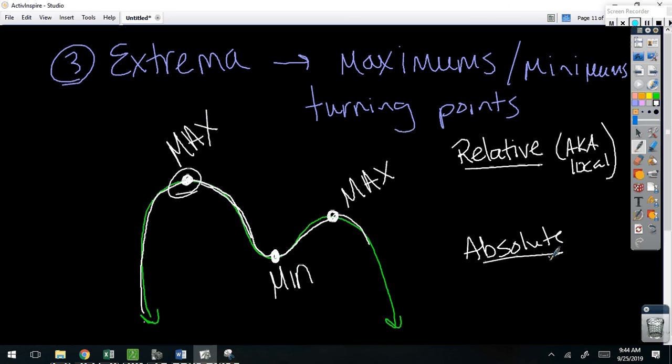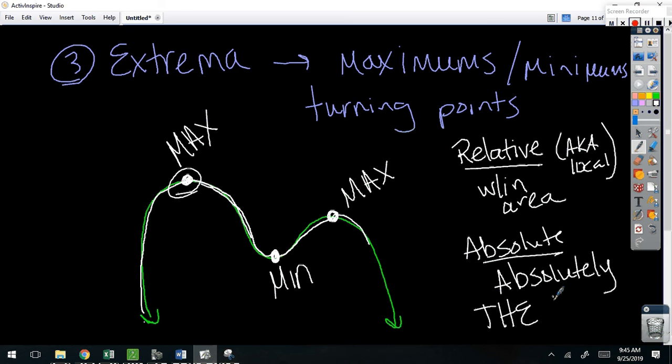There's a point that's either higher or lower than that particular point, okay? So it's an extrema within a certain area. Absolute means it is absolutely the highest or lowest point on the graph.